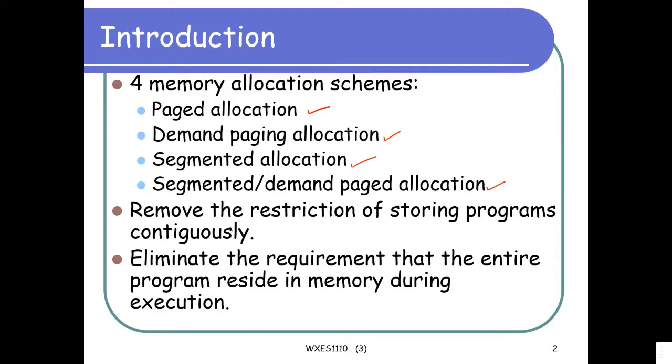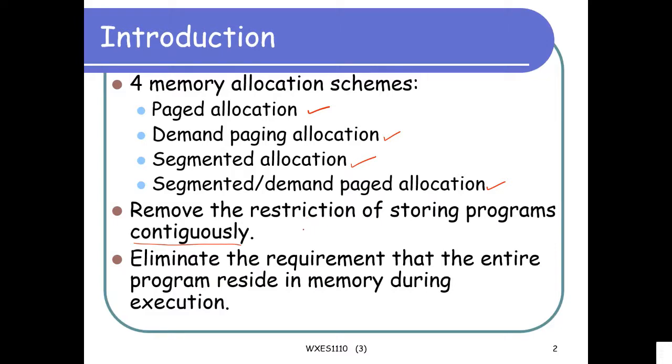Before this, in early memory management, we learned about contiguous allocation, where all the jobs have to be stored in the memory contiguously, meaning following the sequence of the main memory.